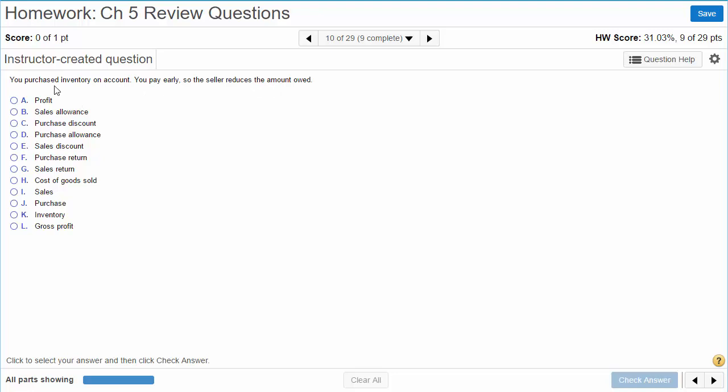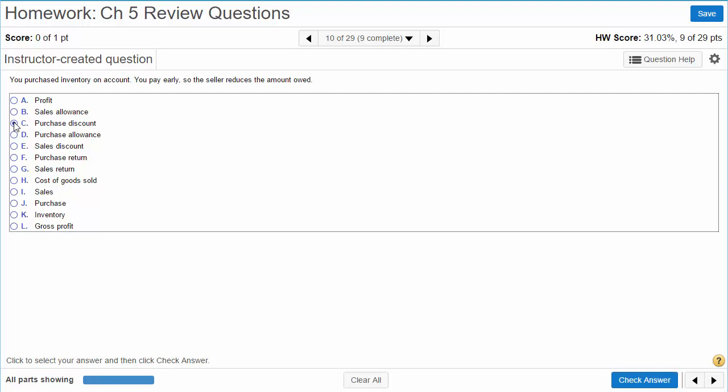So the key is we purchased inventory, we pay early, we get the discount. That is called a purchase discount. Now in the perpetual inventory system, we do not use any account called a purchase discount. This discount would just lower the cost of inventory.